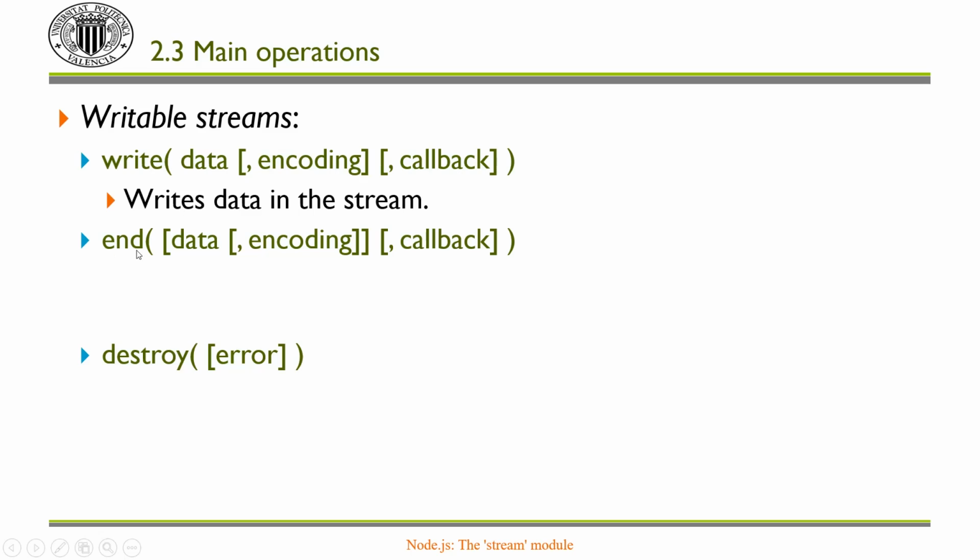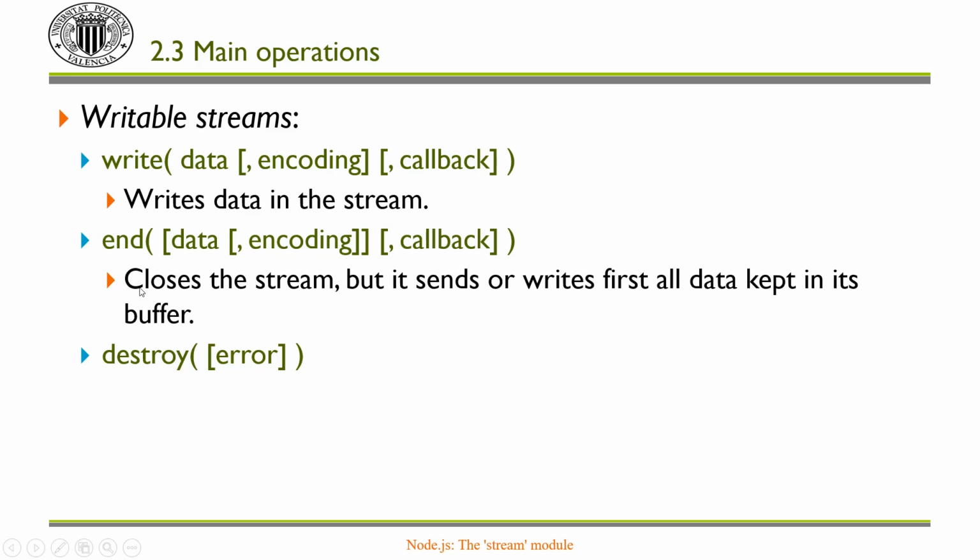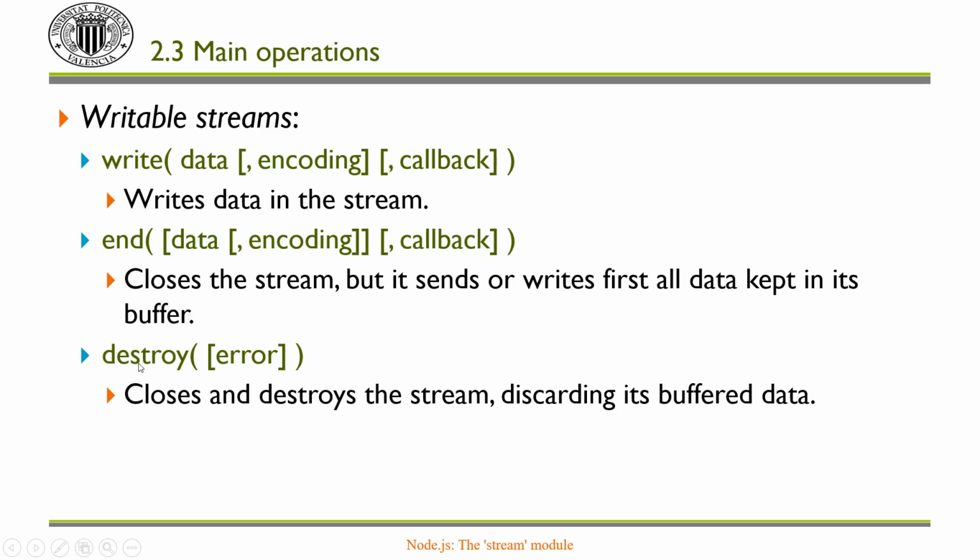The end operation is used to close a stream, and it sends or writes first all data kept in the stream buffer. Differently, the destroy operation closes and destroys the stream, discarding the buffer data. So that's the main difference between these two operations, their management of the buffers.